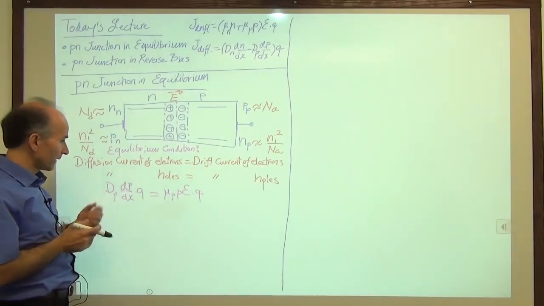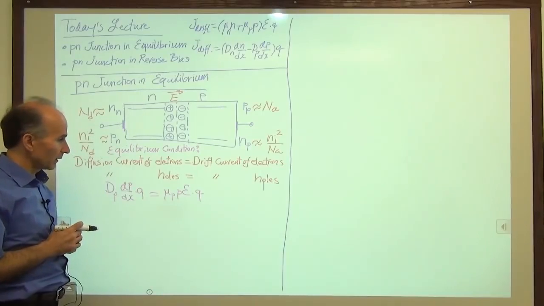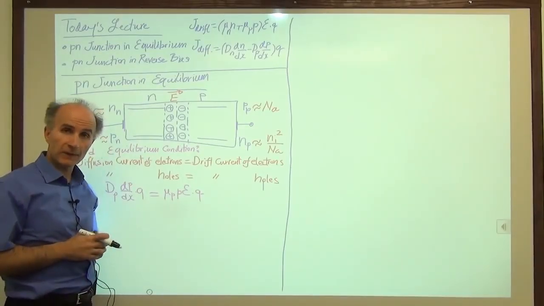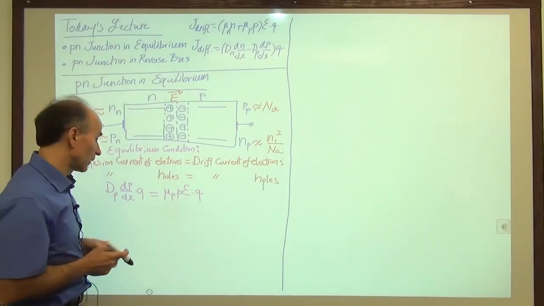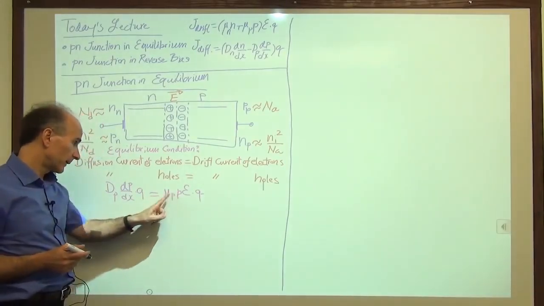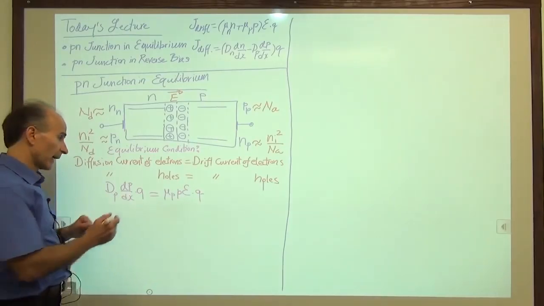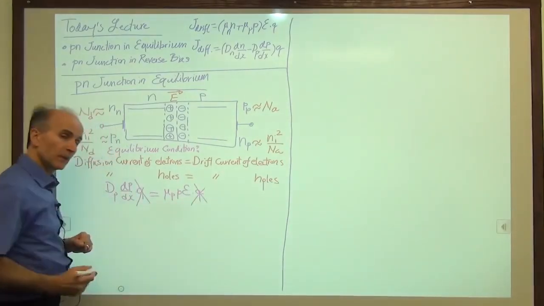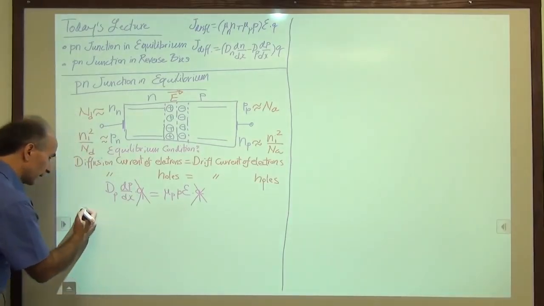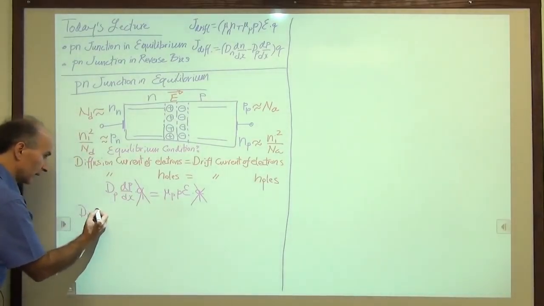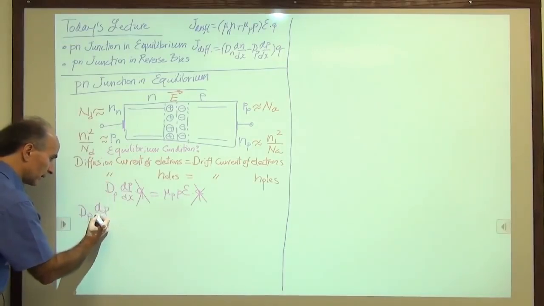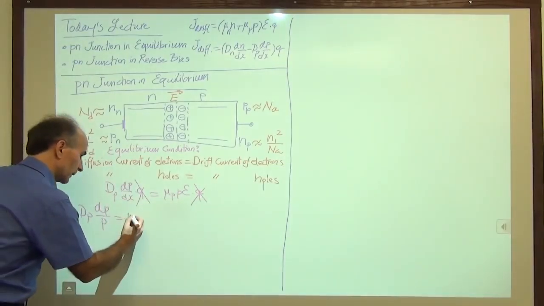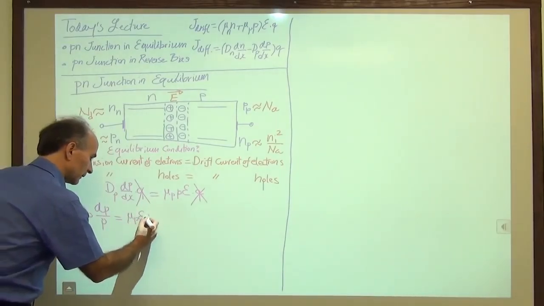Well, how do I handle this equation? Why don't we try to integrate both sides with respect to x and see what happens? So I will have to divide by p and then cross out this q with this q. So what I have is dp over p is equal to mu p E dx.